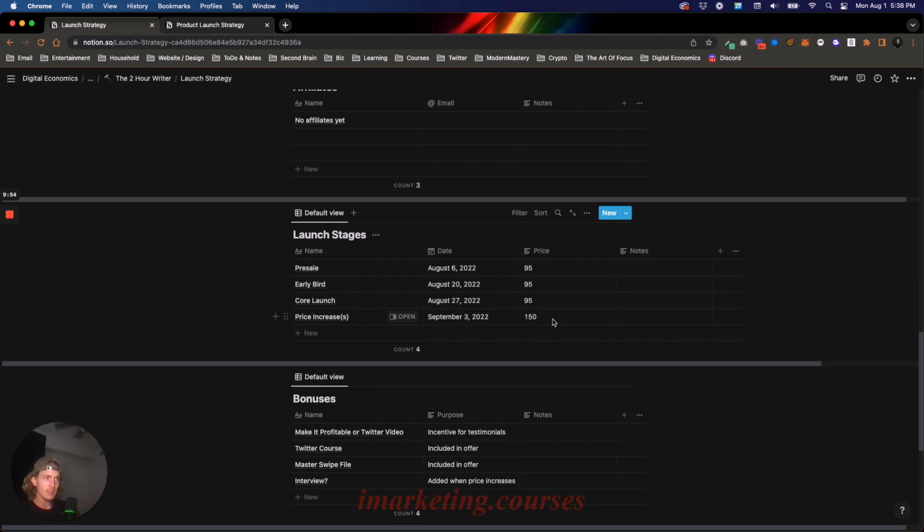People are going to get direct access. And then one week after that, I can start threatening the price increase. And every single week leading up to this, I'm including a reminder that the product is launching, both at the top and bottom of my emails, sometimes in the middle, right? And you can play with this.